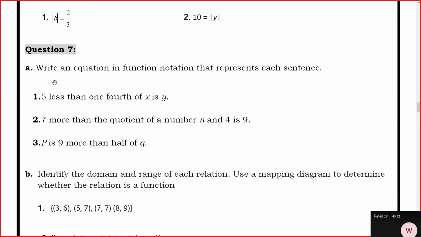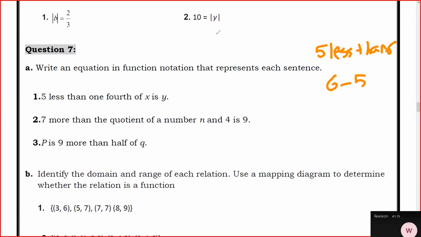Write an equation in function notation that represents each sentence. Remember, if you say 5 less than 6, it means 6 minus 5.